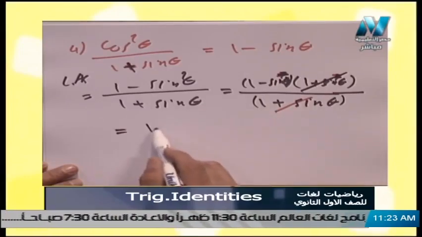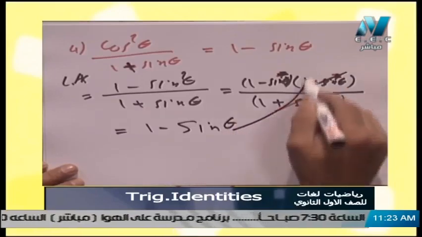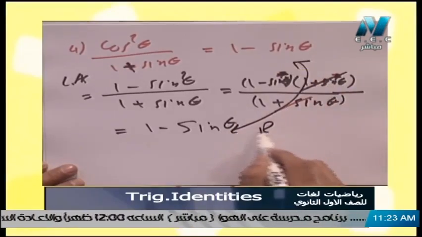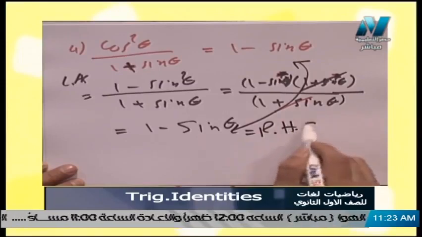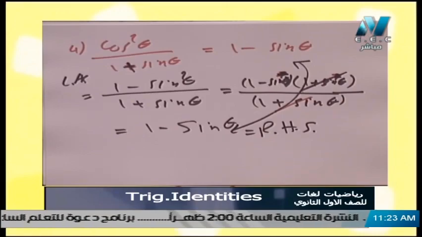So the final answer will be 1 minus sine theta, and this is the right hand side. And yes, we succeeded to prove that the left hand side equals the right hand side.